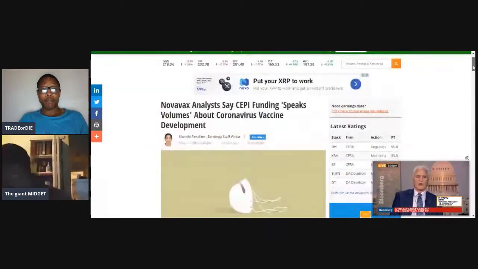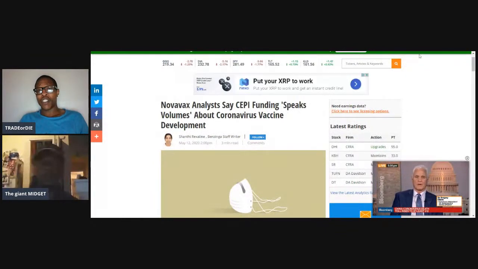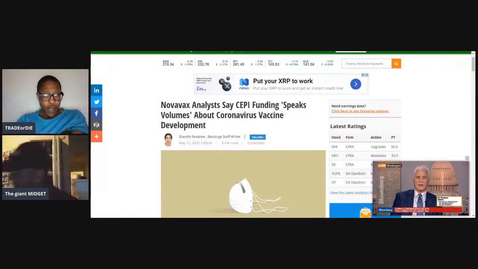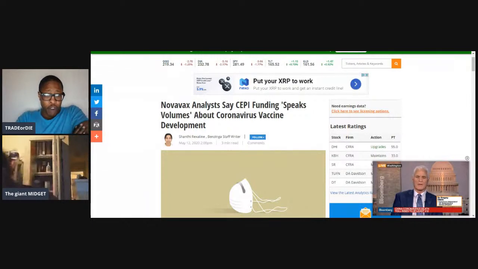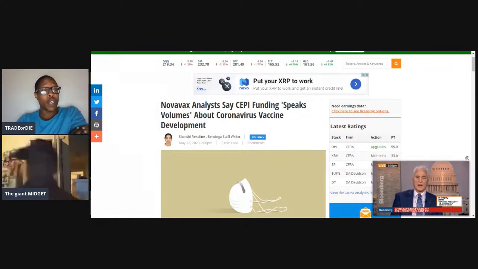I would guess that one of those four companies is in the driver's seat for Corona funding, as it says right there on my top picture. Funding speaks volumes about coronavirus development. I mean, they sent these people $500 million.